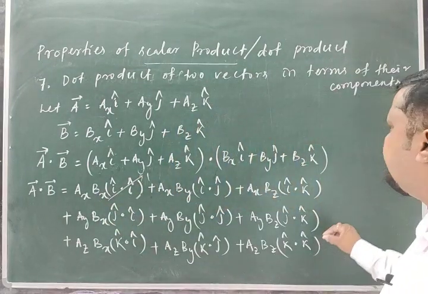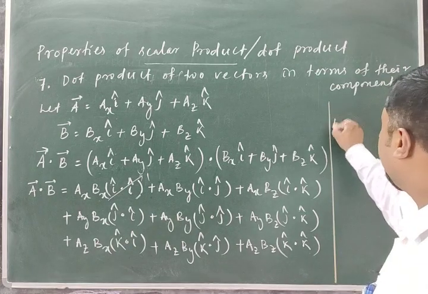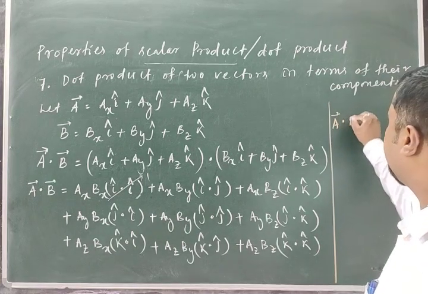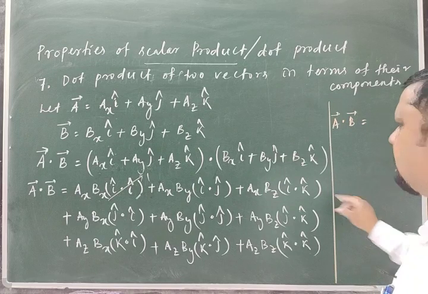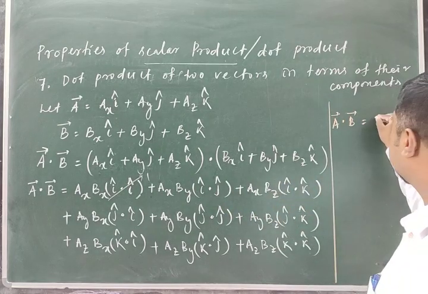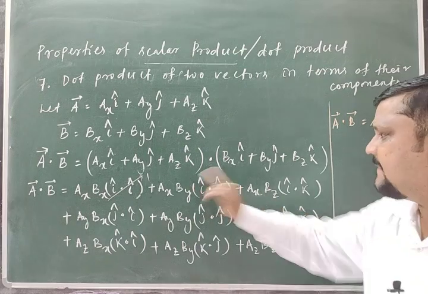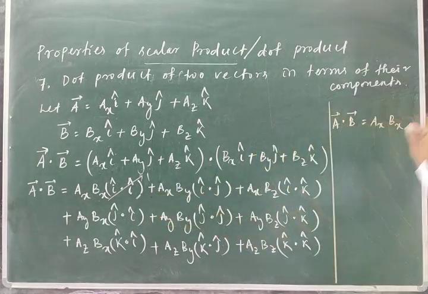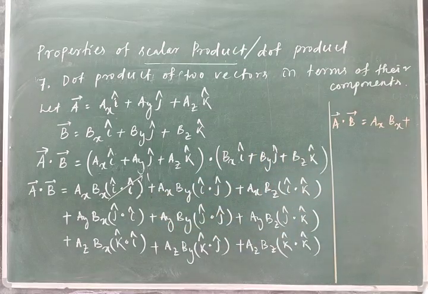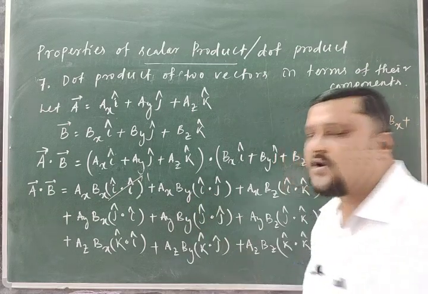The result will be, let me write here, A dot B is equal to the first term ax bx. Clear? Then plus ax by i cap dot j cap.